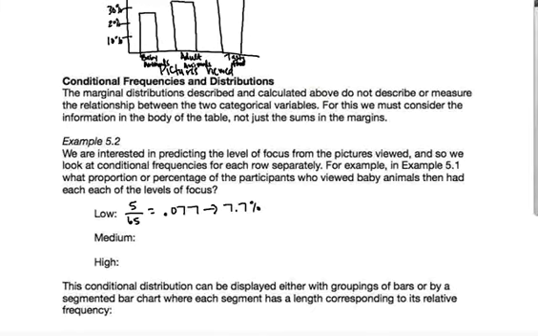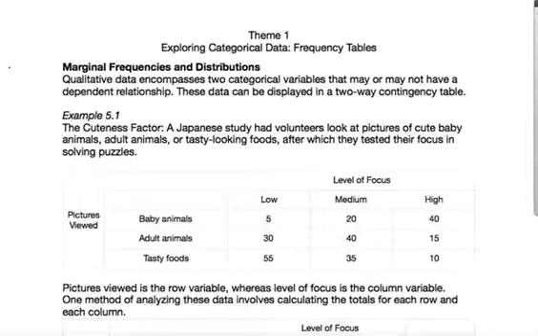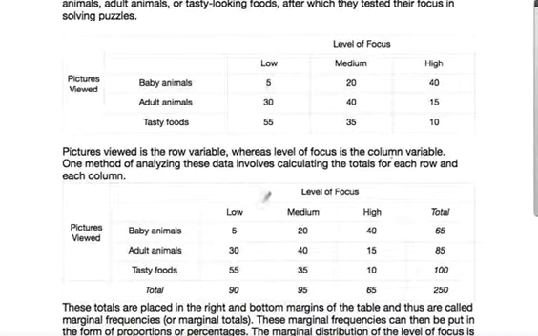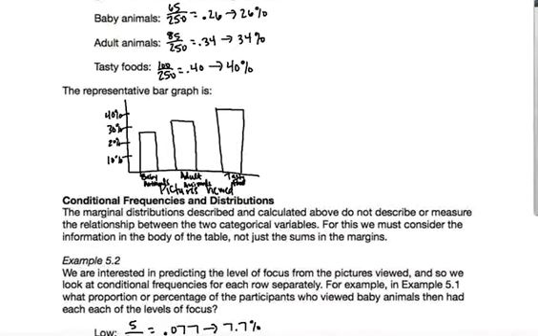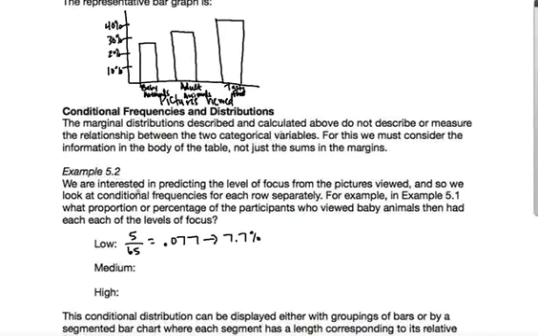Now we're going to look at people that had medium level of focus that looked at pictures of baby animals. There were 20 out of 65 people, so 20 out of 65 will give you 0.308 or 30.8%.